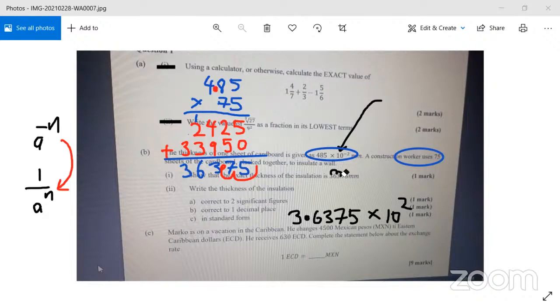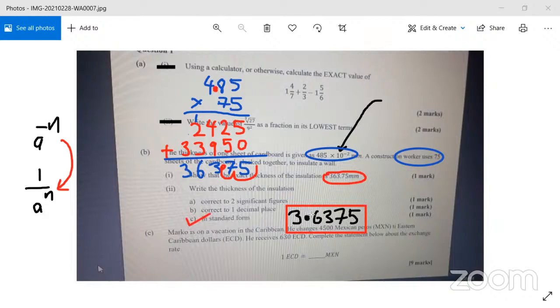Well, to answer that question, really, what we're trying to do is we're trying to get this number. So what change must we make to 3.6375? And by the way, just to be clear, we're doing this part here, standard form.